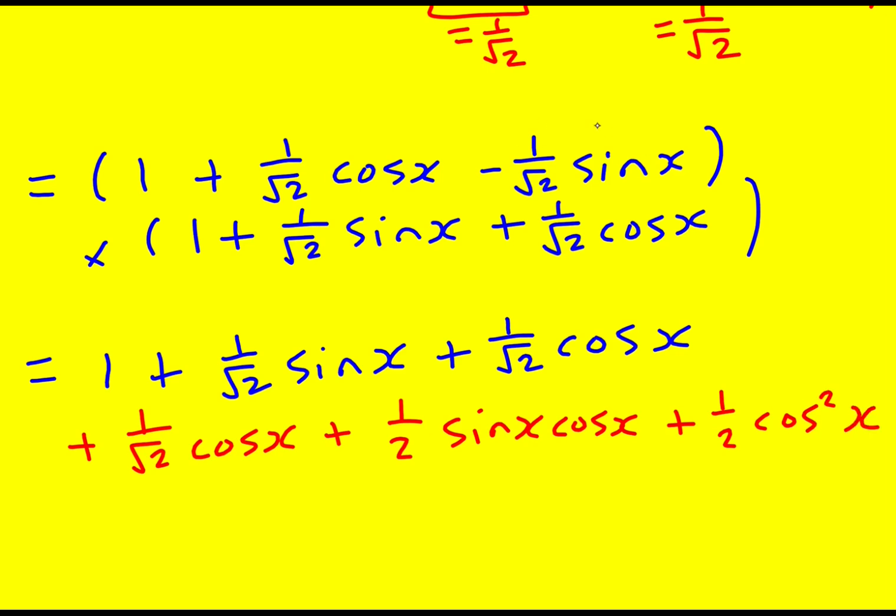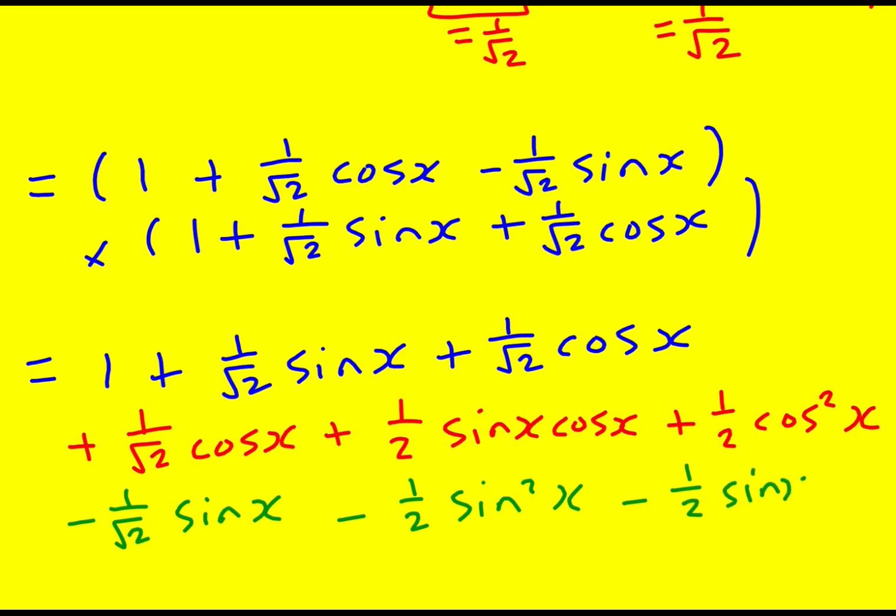And then finally, this term with each, minus a half sine squared x, minus a half sine x cos x. So this cancels with this, and also that one cancels with that one.